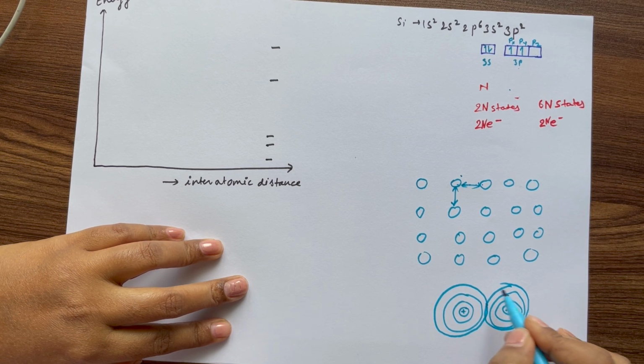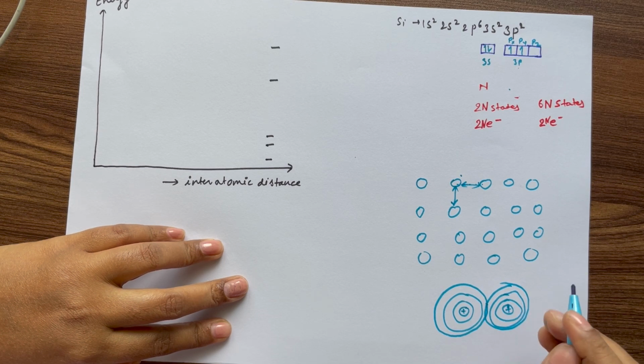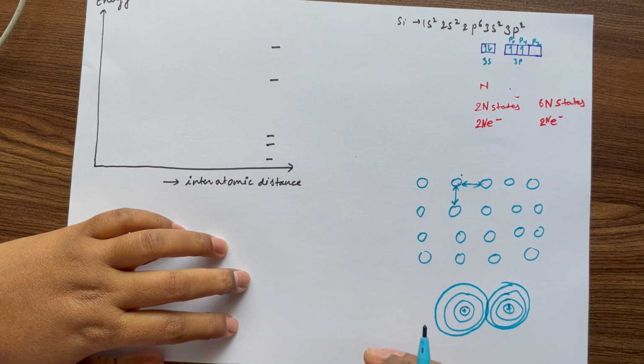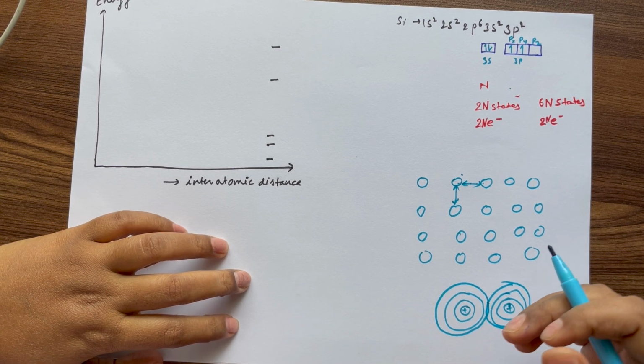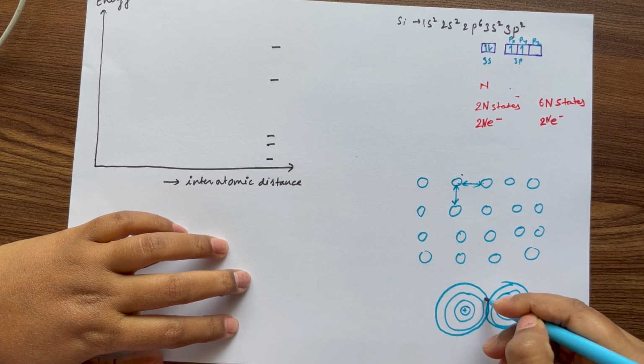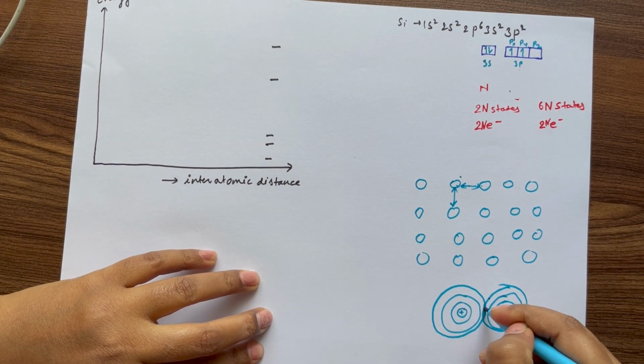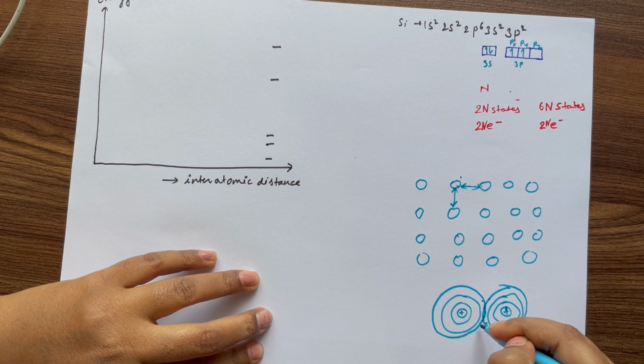The outer orbitals of these atoms start overlapping with each other, and this overlapping causes interference between the orbitals. This interference can be positive interference or negative interference, causing a shift in the energy level of the orbitals. Also, the electrons in these orbitals come very close to each other.